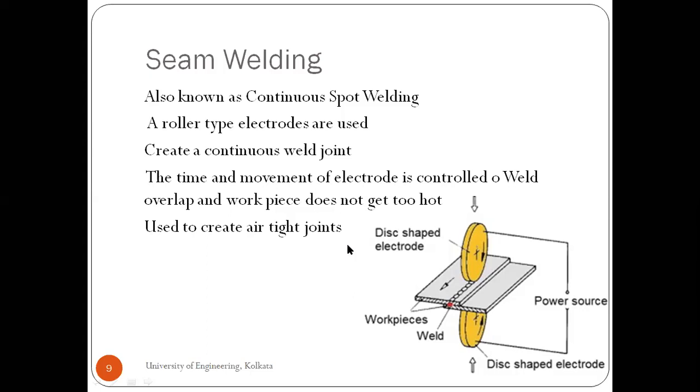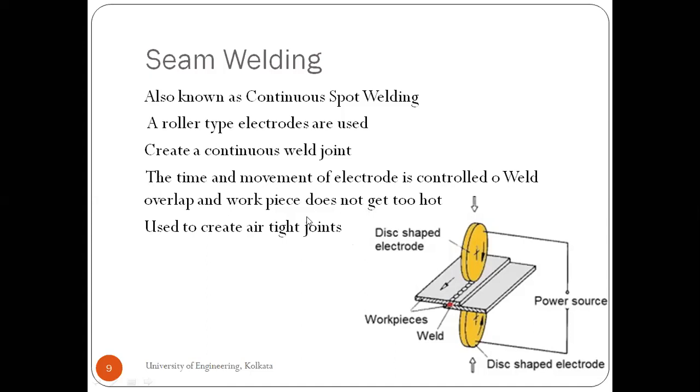The time and movement of the electrode is controlled to weld the overlap. Now, if you are trying to manufacture some fuel tank of your automobile in your workshop, you will definitely not allow any kind of leaks to take place in your fuel tank.